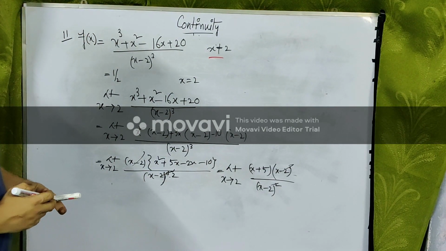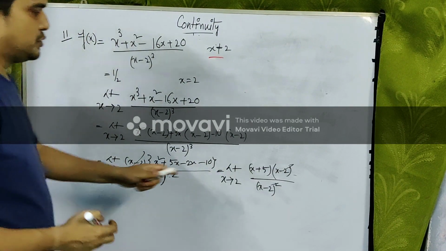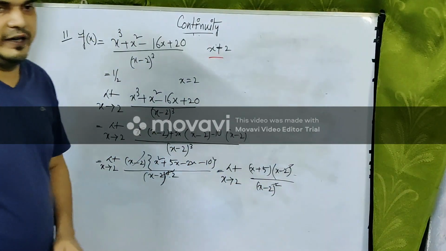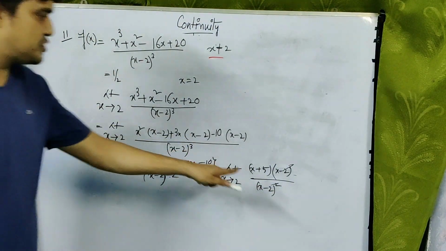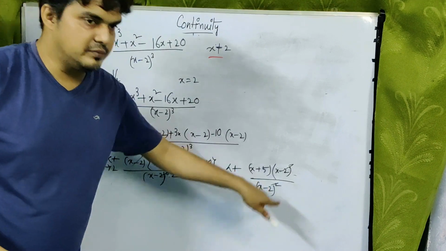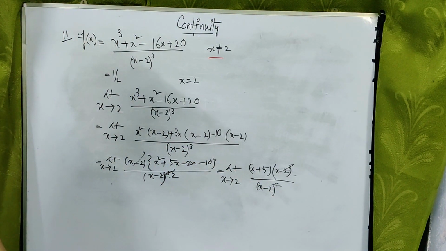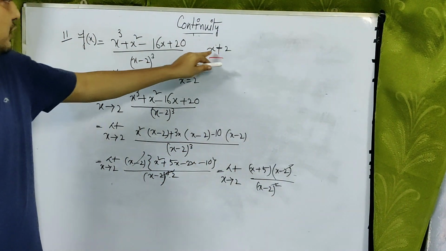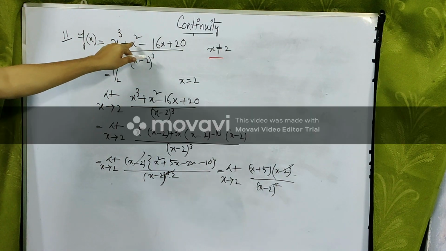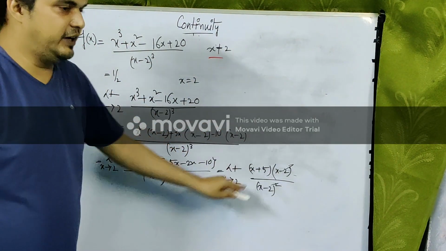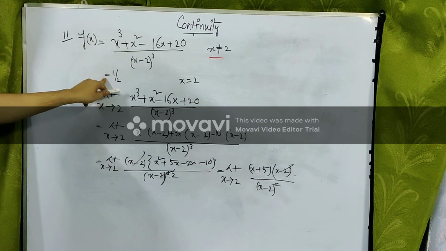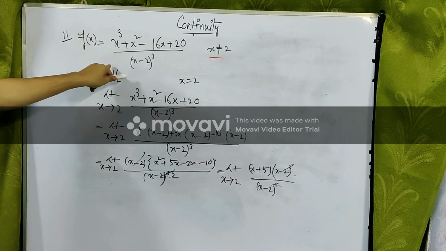Okay. So at the point x equals 2, this function becomes undefined. We cannot put x equals 2 in this function as it becomes undefined. And at the point x equals 2, the value of the function is half.